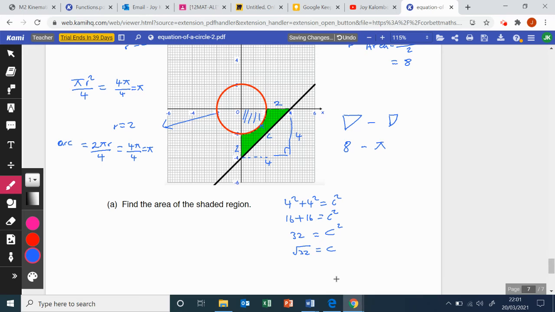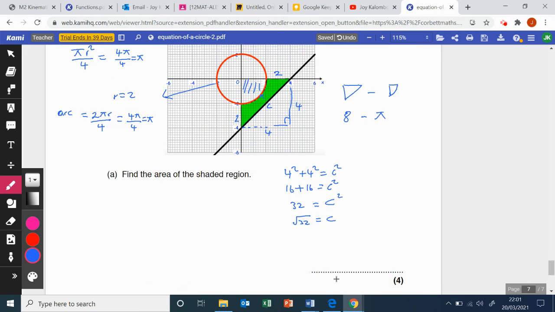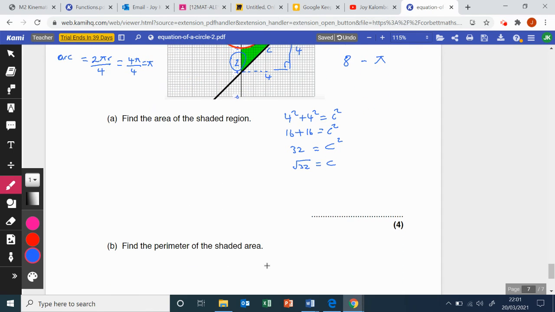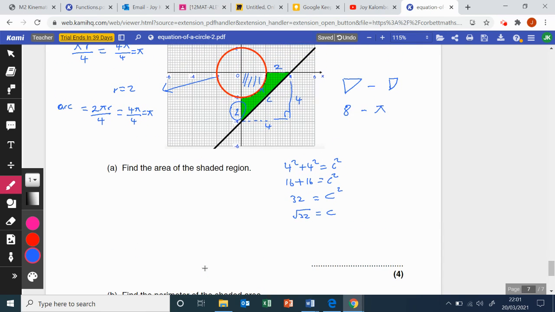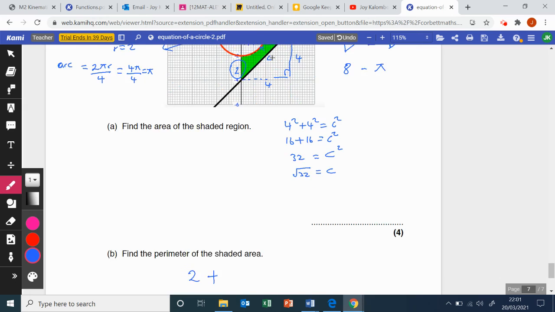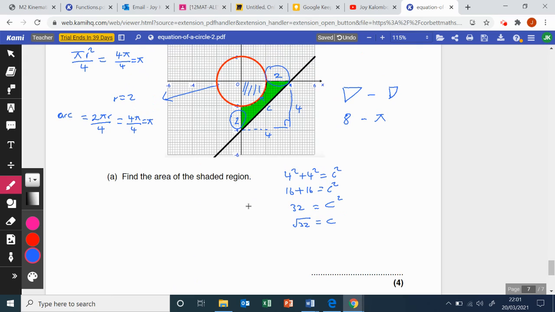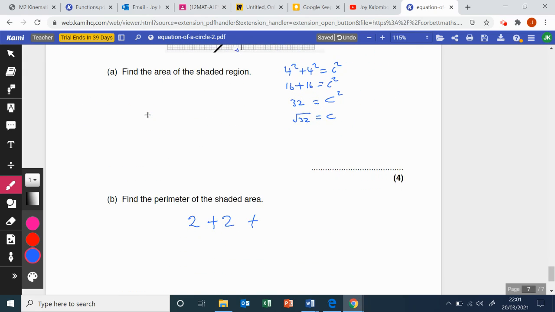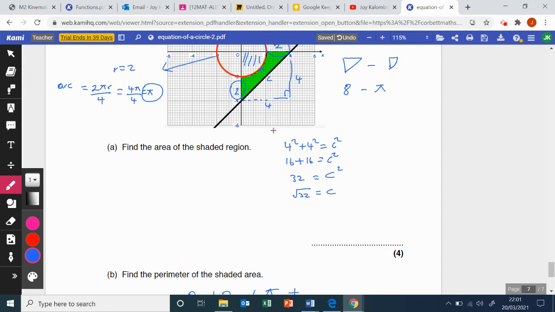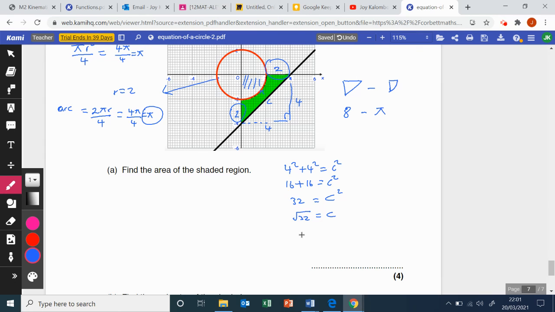Now, adding everything up, we get that the perimeter of that shaded region is going to be this 2 plus the other 2, which we had up here, plus the arc length, which we got as pi, plus that diagonal length there, which was the square root of 32.